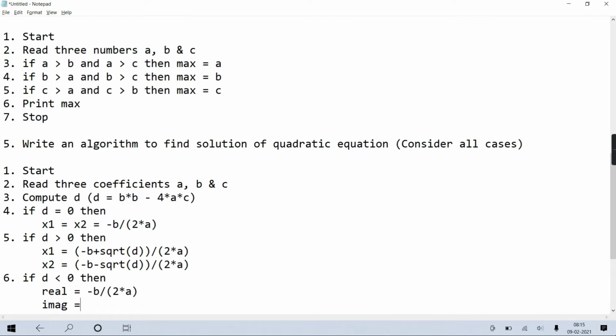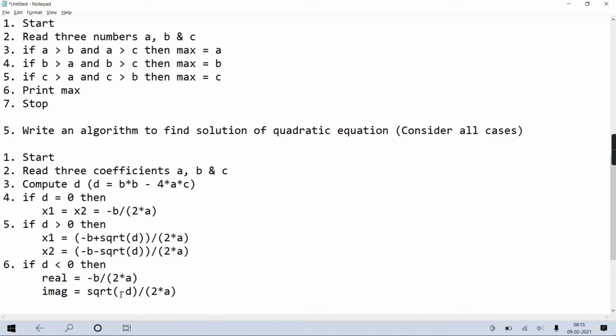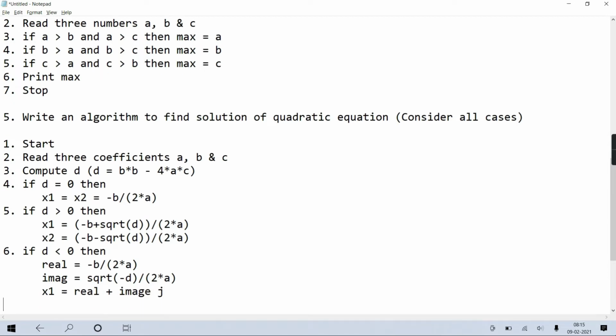IMAG, if I write like this, the imaginary part is square root of minus d upon 2a. Do you agree? Now why I am doing square root of minus d? Because d is already negative. So negatives negative will become positive and then we'll take the square root of positive. Now what will be your x1? Is real plus imaginary j.